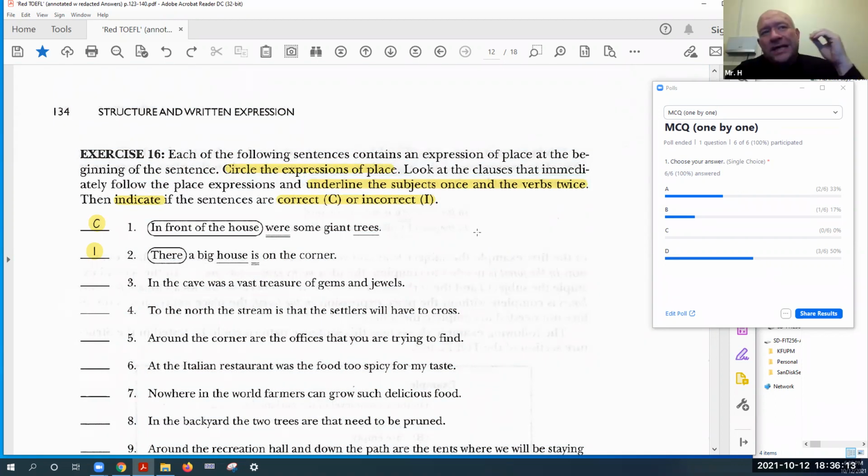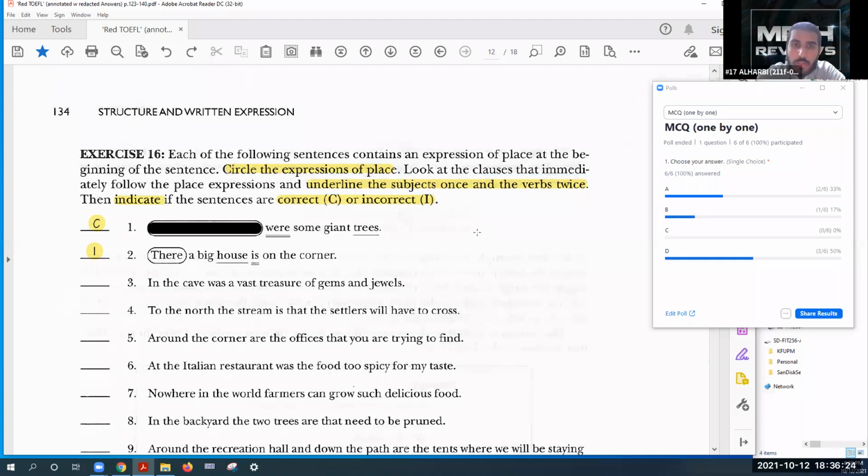Now it's correct. How do we know it's correct? How can you confirm it? We have a prepositional phrase at the beginning. Cover the prepositional phrase and look at it now. It's not complete: where some giant trees.